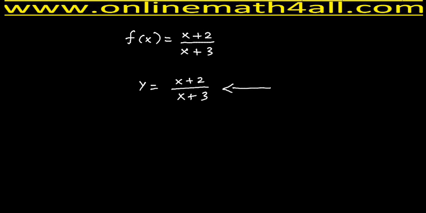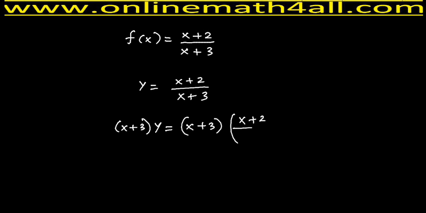For that, I'm going to multiply by (x + 3) on both sides. Here the students may have a question: why did I multiply by (x + 3) on both sides? Because I want to get rid of the denominator on the right side.